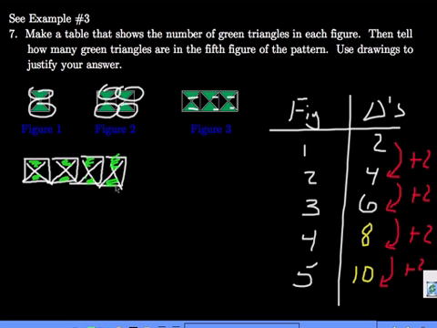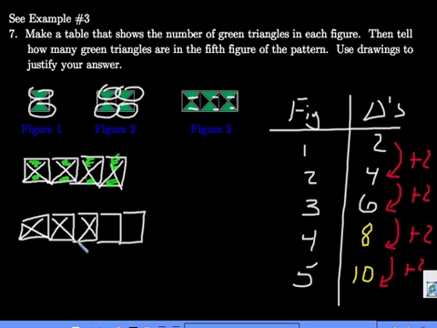So we do indeed have 8 green triangles in our 4th figure. For the 5th figure, I would have 5 boxes. And if we did our math correctly, we should indeed have 10 green triangles, and we do.